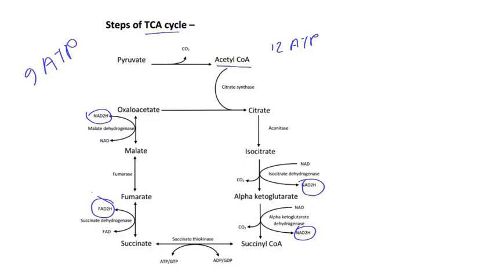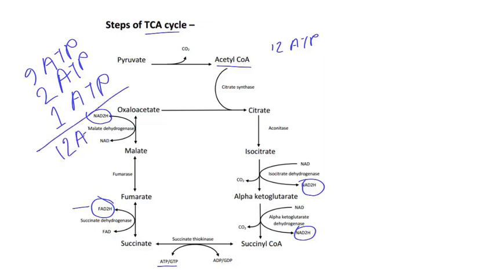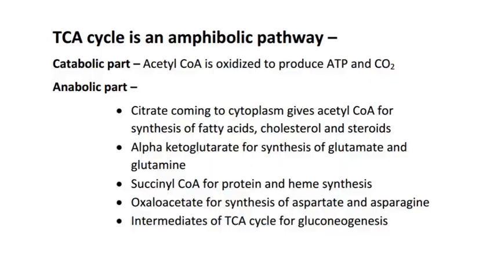In the electron transport system, this reduced FAD can produce 2 molecules of ATP. And there is 1 ATP which is produced in this TCA cycle directly. So we can learn that totally 12 ATP is produced through this TCA cycle for one molecule of acetyl-CoA.